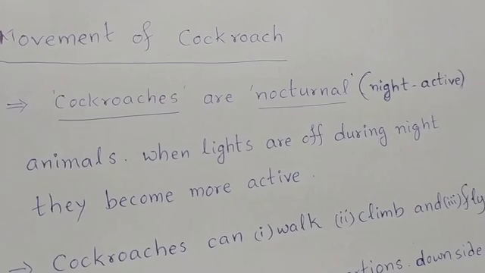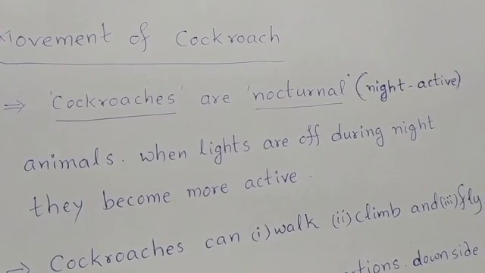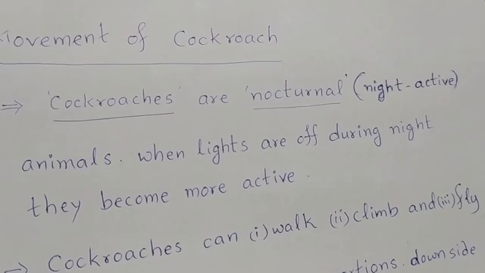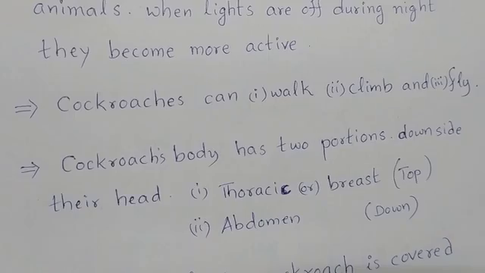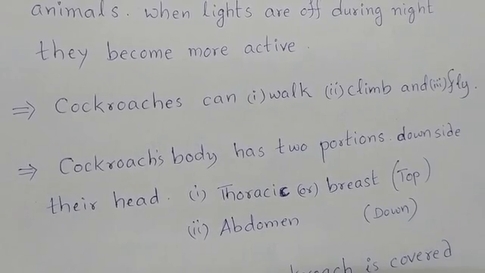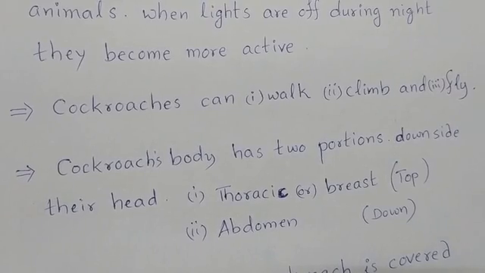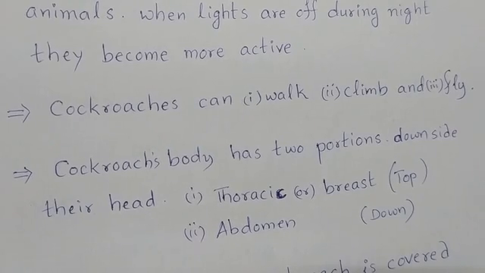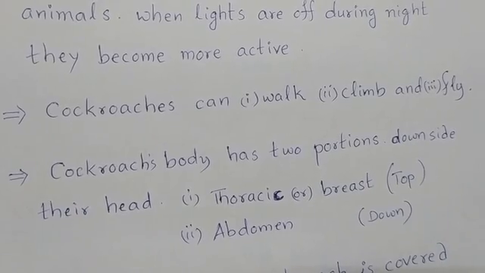You can see more cockroaches moving in the night time, especially in the dark. When lights are off during the night time, they become more active. Cockroaches can walk, climb, and fly.